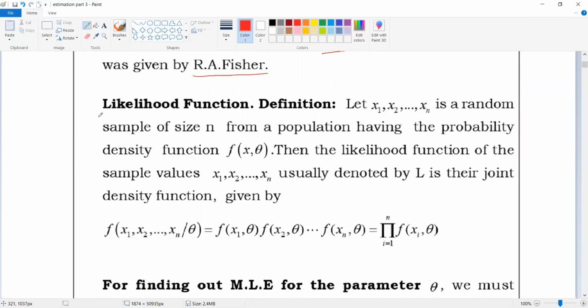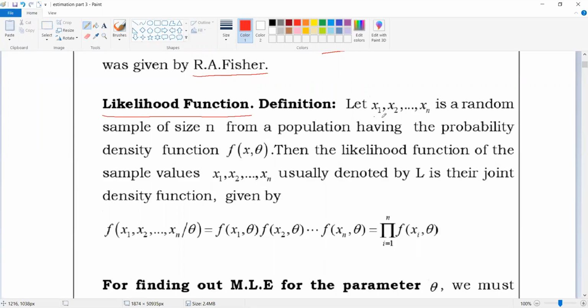What is the likelihood function? Simply, we can say that the product of the marginal PDFs or the product of the marginal probability mass functions gives the likelihood function. The product of the marginals gives the joint PDF or joint probability mass function. Directly, the joint PDF is called the likelihood function.